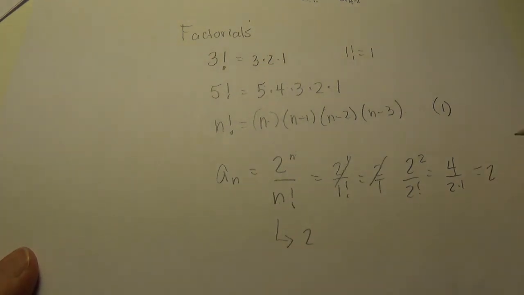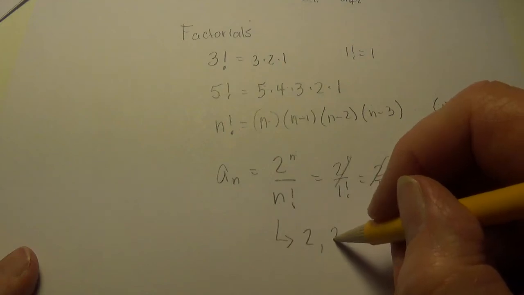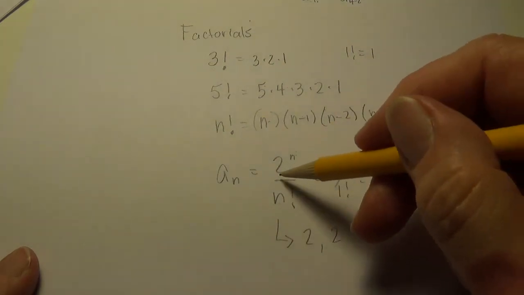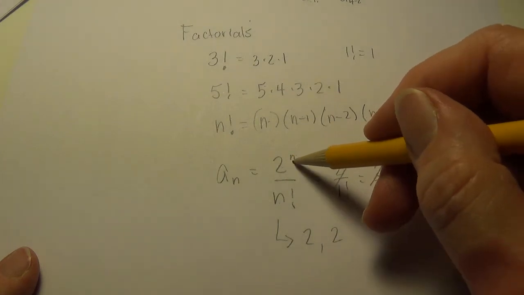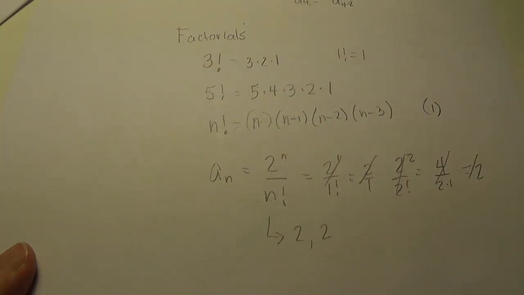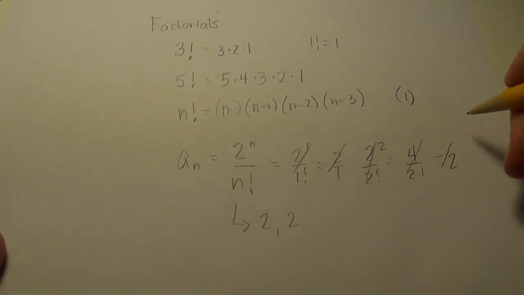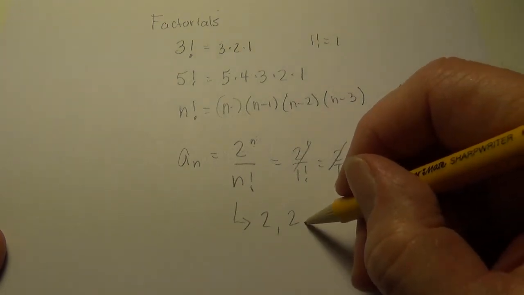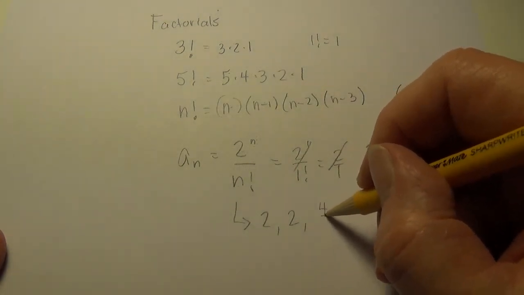Now when we put in a 3, we get 2 times 2 times 2, we get 8 over 3 factorial, which is 8 over 3 times 2 times 1, which is 8 over 6, which reduces to 4/3.